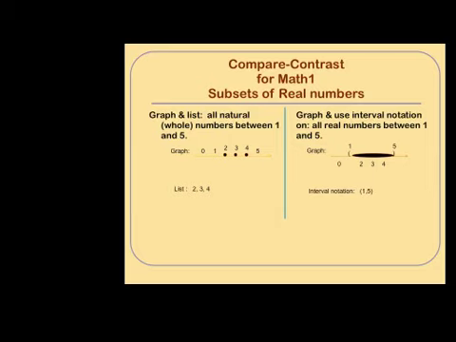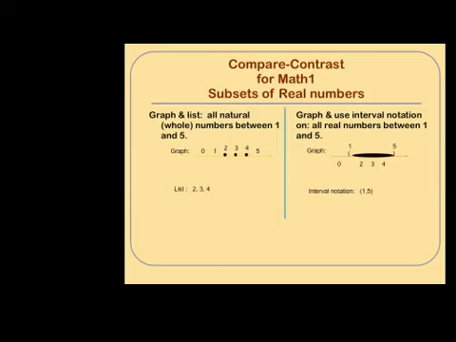So the example I'm going to use is this one. Graph and list all natural numbers between 1 and 5, compared and contrasted with graph and use interval notation on all real numbers between 1 and 5.